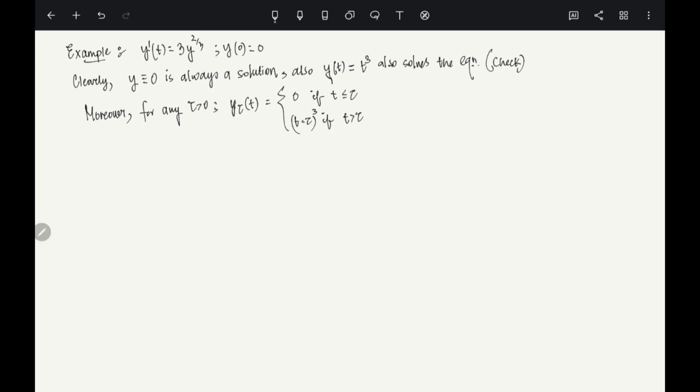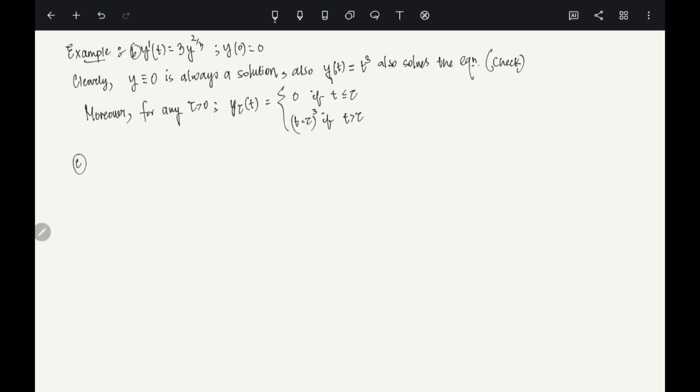So you do realize that the initial value problem doesn't have to have a unique solution, right? Okay, so does it always have to have a solution? What do you guys think? Even that is not true. Okay, so this is B.